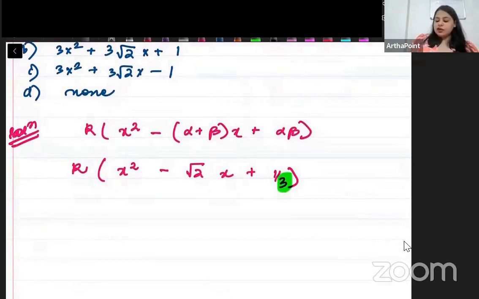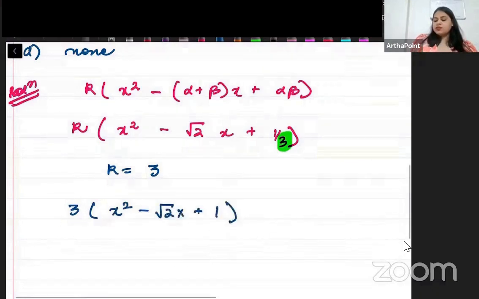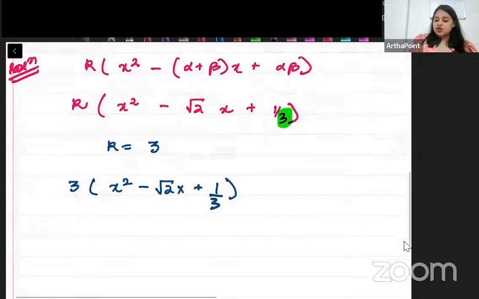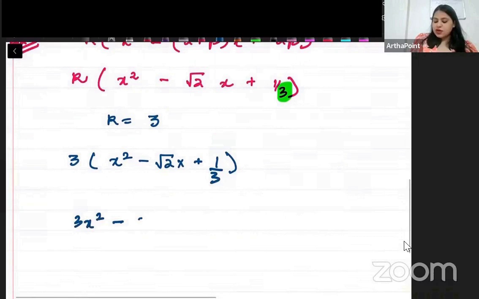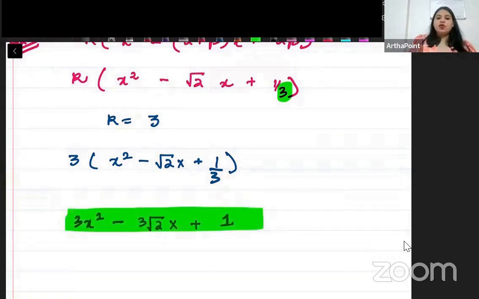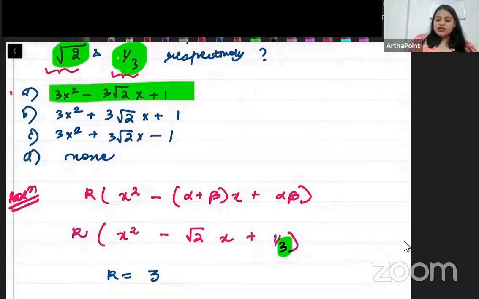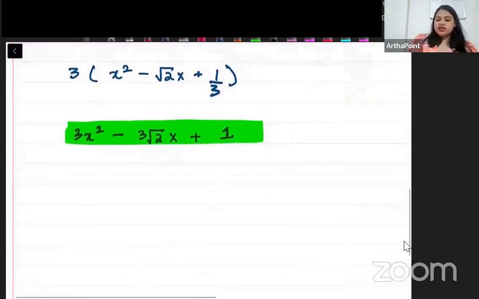The only way to make the denominator 1 is to put k is equal to 3. So the moment you put k as 3, you will get k into x square minus root 2x plus 1 by 3. When you solve this, you will get 3x square minus 3 root 2x plus 1. This will be the equation that you will have. And if you look in the options, this is option A. So the correct answer to this question is A. Okay, please take the next question for the day.